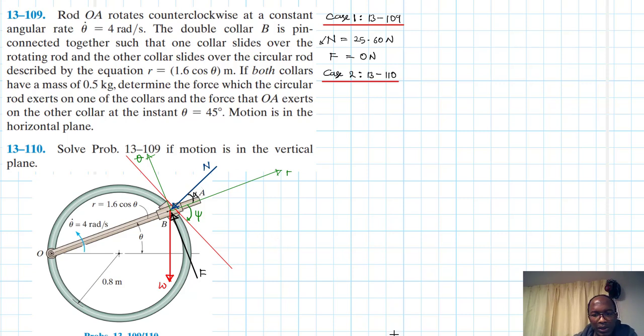With that, we'll have a component of N in that direction, and another one in that direction. W will have one component in this direction, and another one in this direction.